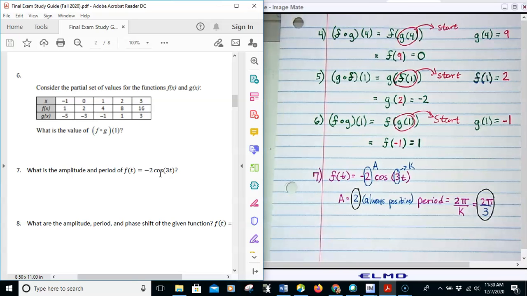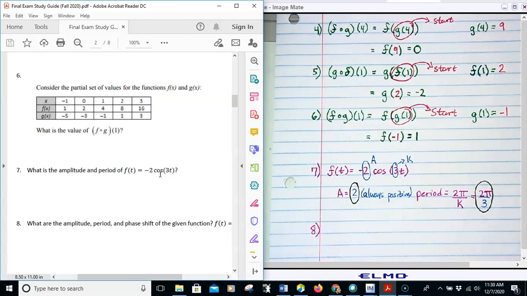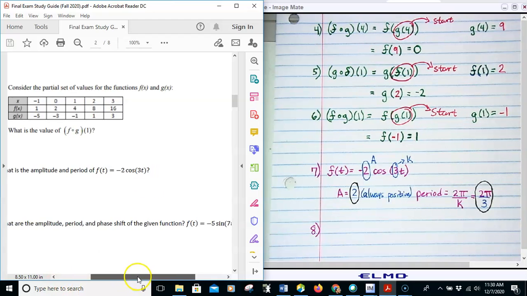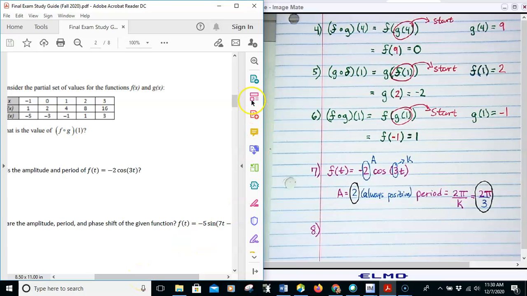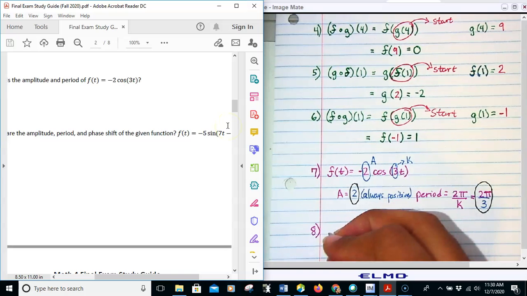And with that being said, for number 8, it's going to give you the same type of function again with a negative in front, which means it flips about the x-axis. But this time we're going to find our amplitude. And first off, before we do that, it's going to write the equation.